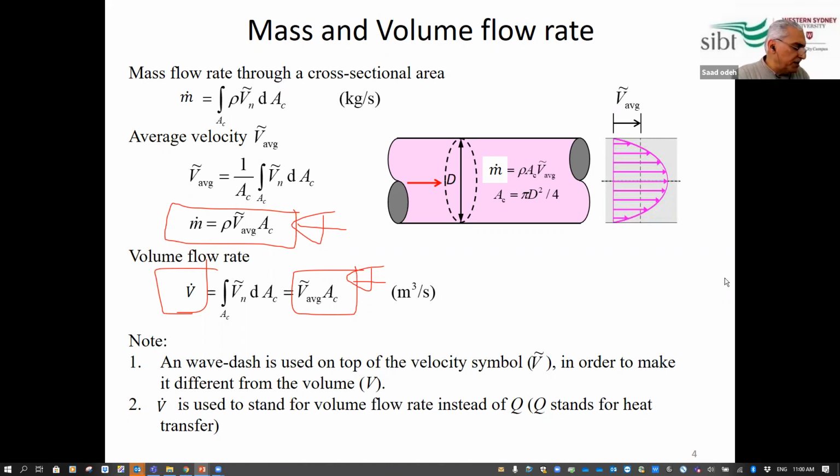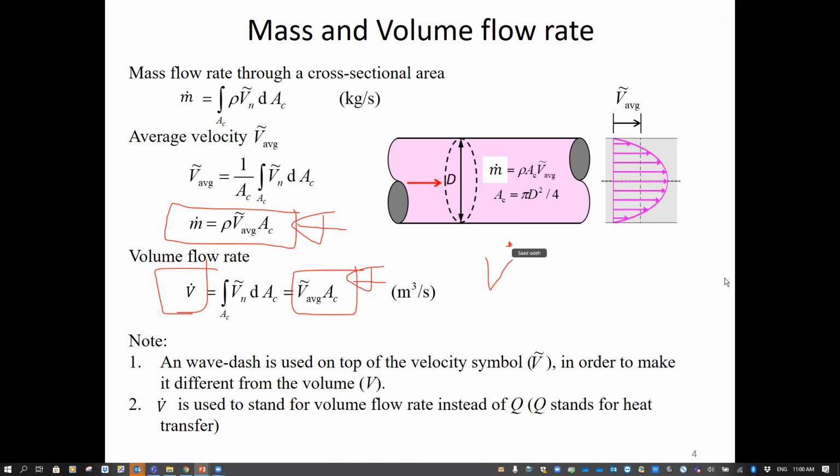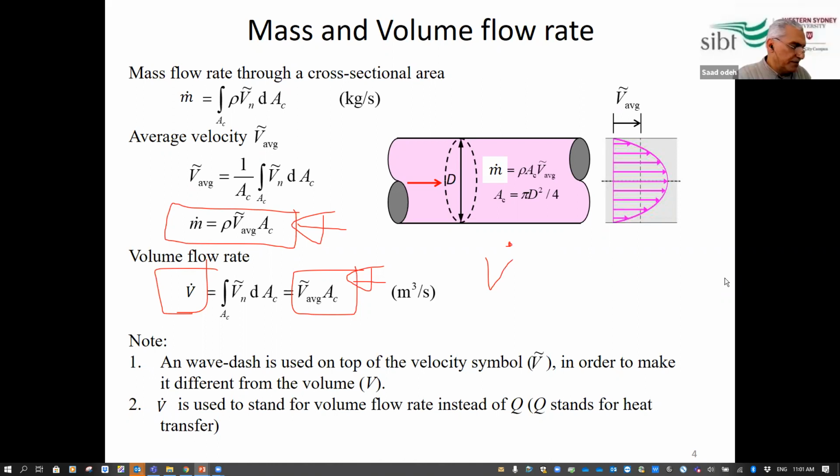The volume flow rate is this small v, and the velocity is the bigger V. Volume flow rate, you can see here, V dot. There is a dot on the top of the V. So we call this volume flow rate. Oh, thank you, sir. I thought it's a differentiation. That's right. But when you see a symbol like this in the book, there is a dash above V. This shows that it's average velocity or velocity, just to differentiate it from the mass flow rate or volume flow rate.